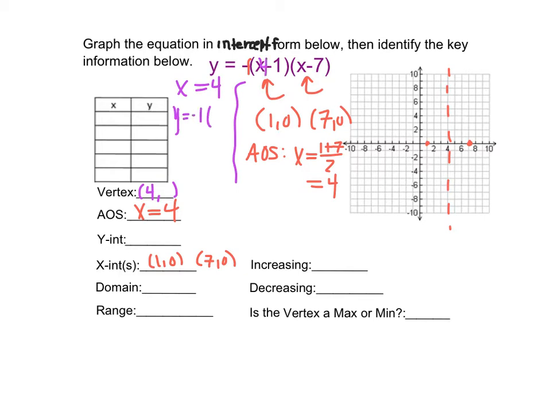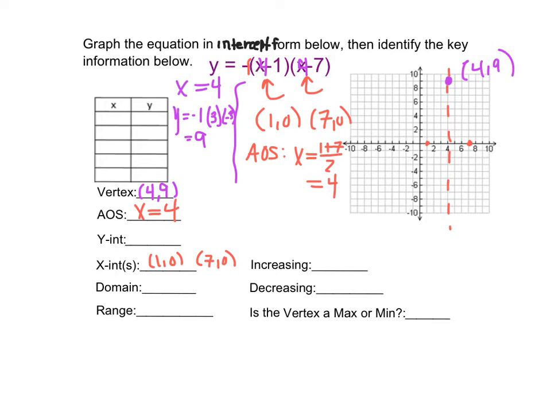So it would be 4 minus 1, which is 3, and 4 minus 7, which is negative 3. So I have negative 1 times 3 and then times negative 3. Negative 1 times 3 is negative 3. Negative 3 times negative 3 is 9. So here I can see I have a vertex at x is 4, y is 9. So there's my vertex point up there.